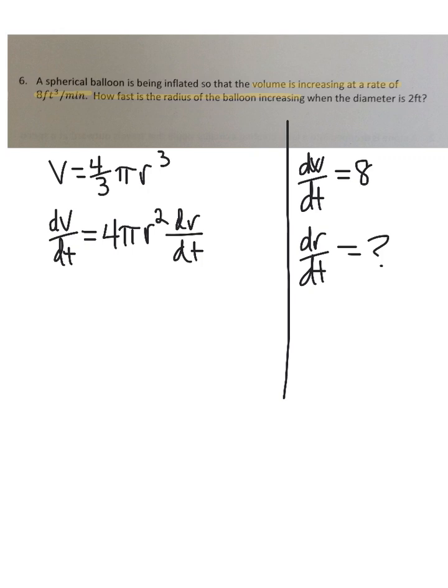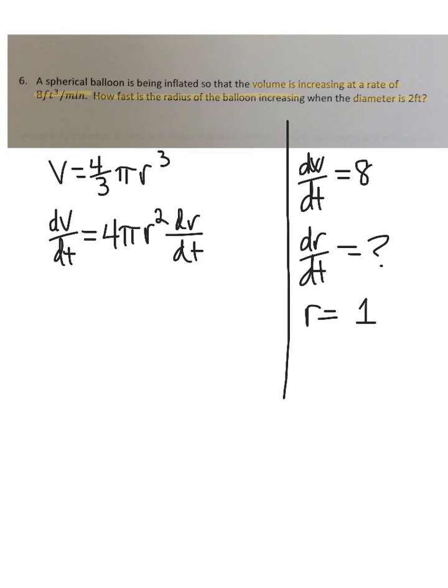And then the last fact that they give us is when the diameter is 2 feet. Well, now, let's think about this for a second, because if we go back and look at this formula, we don't have a diameter in there, but you should know the ratio between a diameter and a radius. So if the diameter is 2, that means the radius is 1, right?